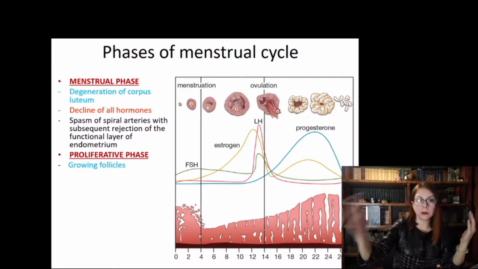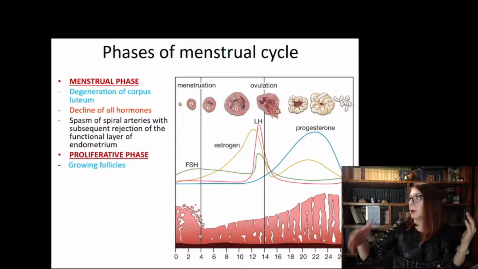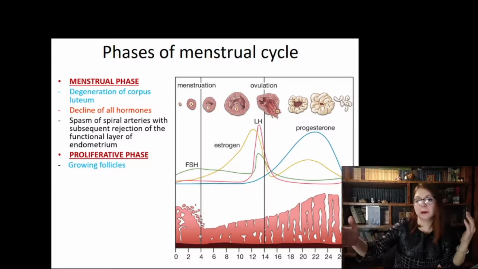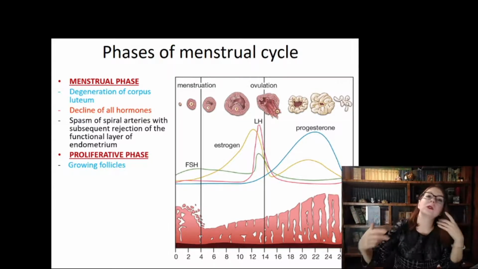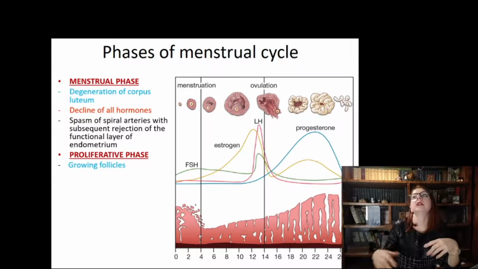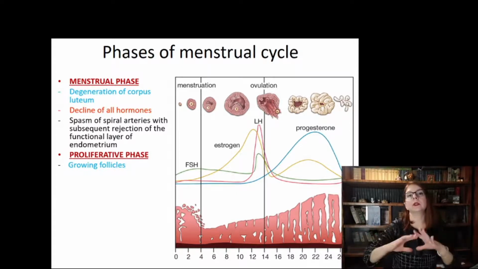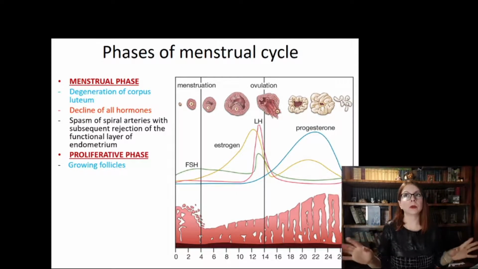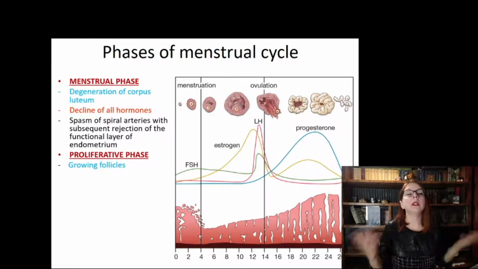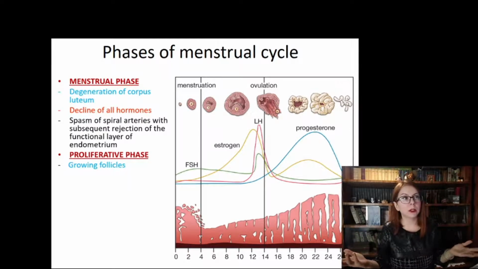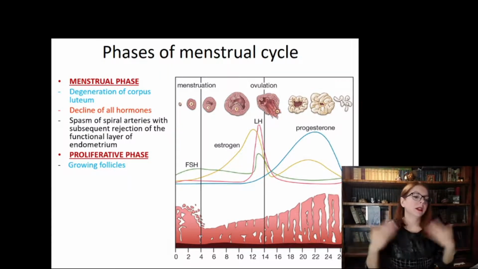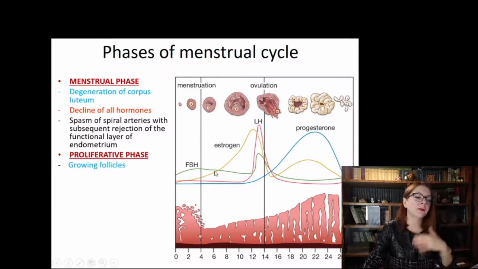You remember that estrogens are produced by granulosa cells together with inhibin. So inhibin inhibits follicular stimulating hormone. In case of granulosa cells absence, if there are no growing follicles, nothing inhibits follicular stimulating hormone. It is uninhibited, and it increases in concentration, and it stimulates follicles to grow.